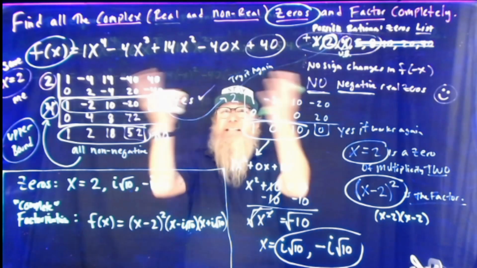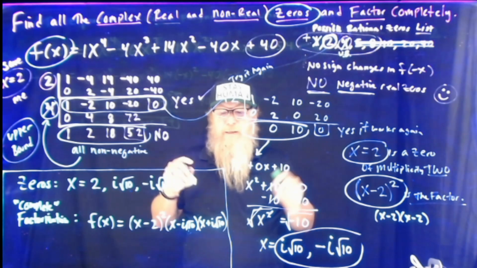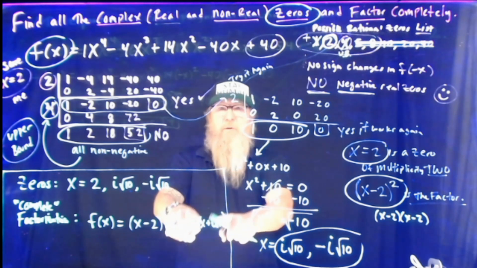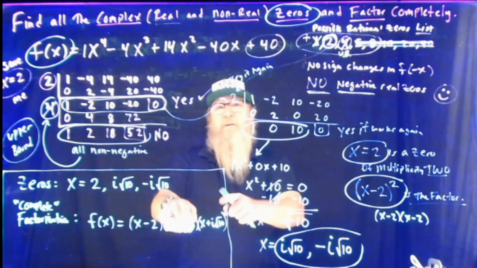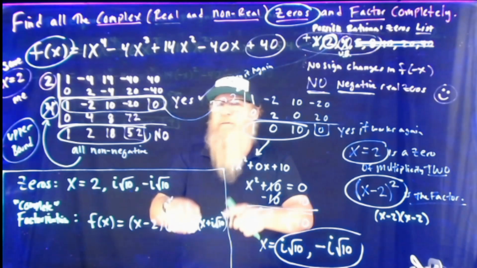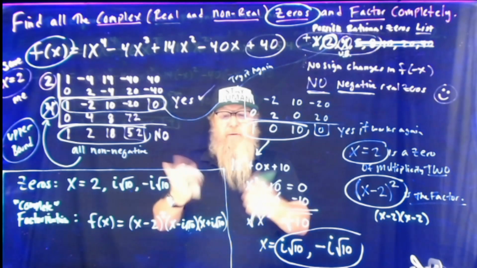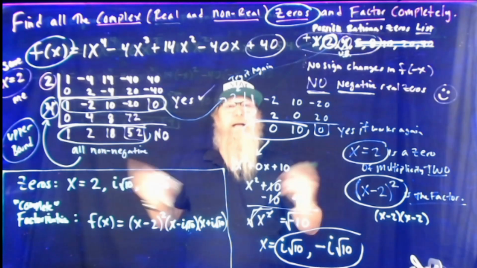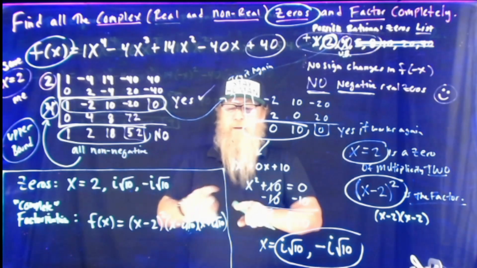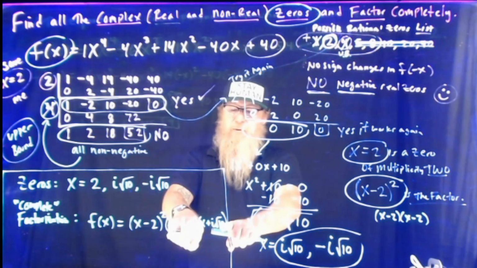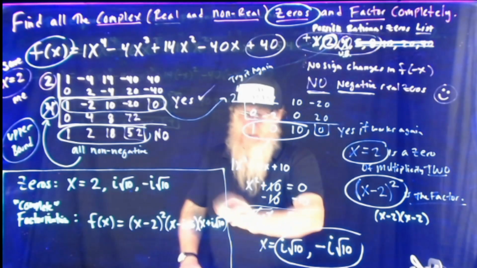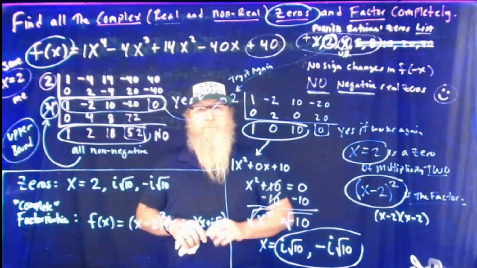You might not get this exact same problem, but you'll get something similar. If it happened to be the square root of 4, or 9, or 16, or some nice perfect number, then you could do one more step and actually remove the square root. But for something like this, it's an irrational root. It's also imaginary. I would just go ahead and stop there.